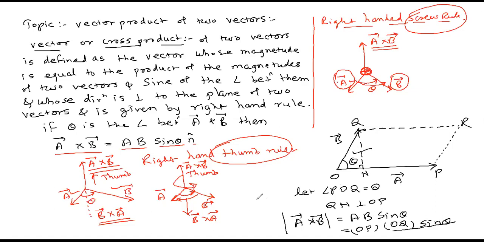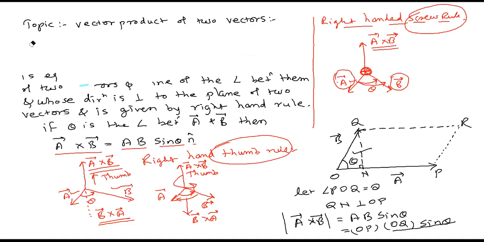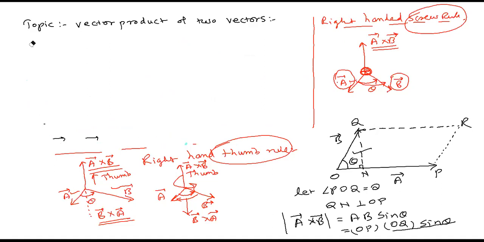From the figure, the magnitude of the cross product of two vectors is given by the formula we have written here: magnitude of vector A cross vector B is equal to AB sine theta, and the same thing here, magnitude of A cross B is equal to OP into OQ sine theta.